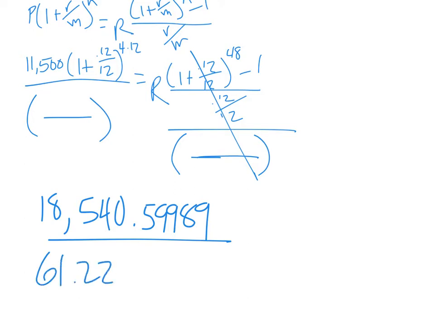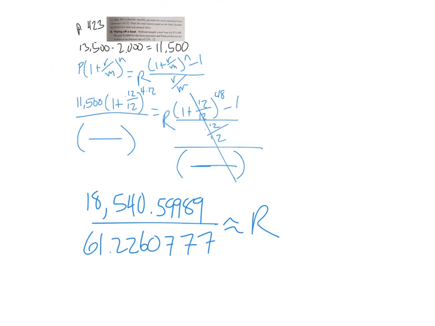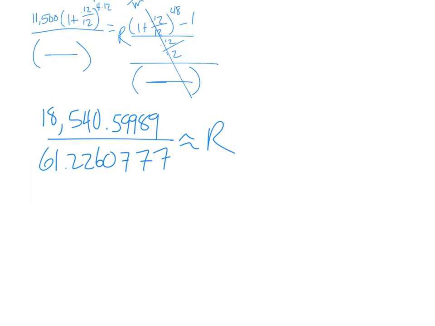So that's why I recommend you take all the decimals you can, so that when you round at the end, you hopefully won't see any of that rounding error. So if you calculate the top part, you should get this 18,000 something, and calculate the bottom, you should get about 61 something, and when you divide these, you should get an answer of about 302.84.